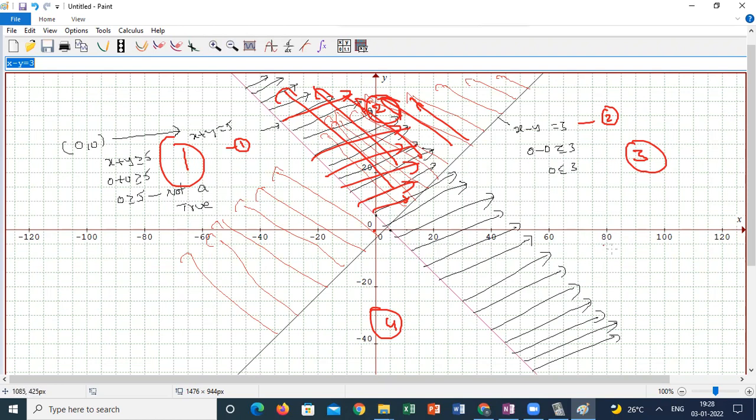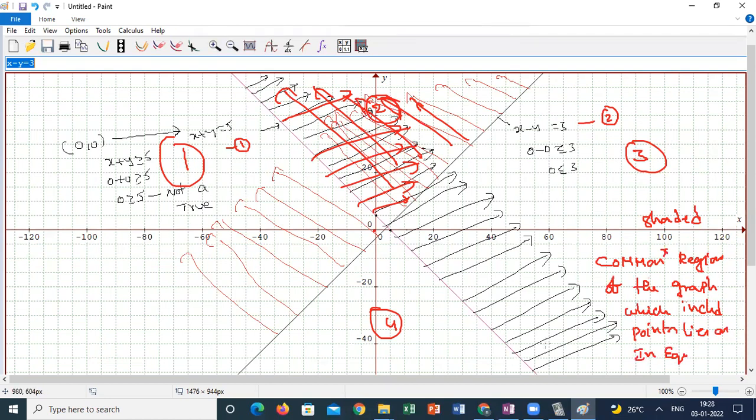So when I am writing the solution, the common shaded region of the graph includes the points that lie on the inequalities. So this is a solution set of the points, or you can give names also.